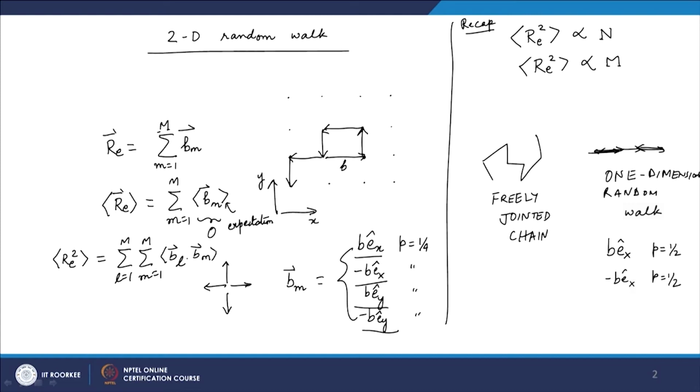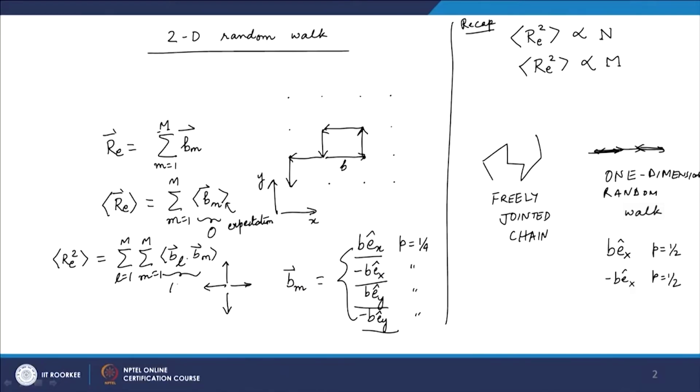And again for L not equal to M, this term has to be equal to 0, and for L equal to M, this term has to be b square, because then we are multiplying the same vector, and what it essentially means is we will have the same result, that the mean square end to end distance is M b square.